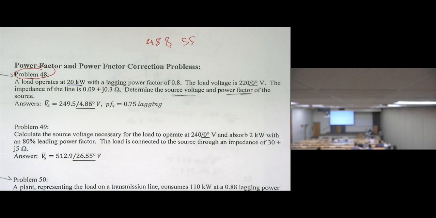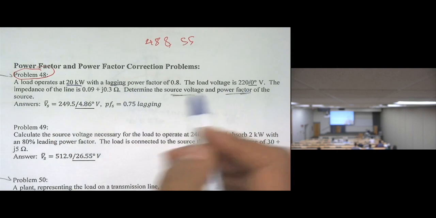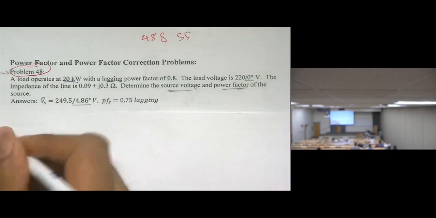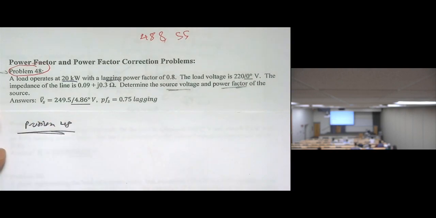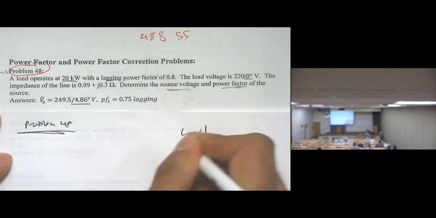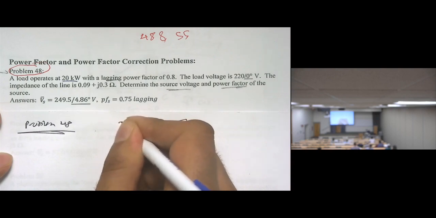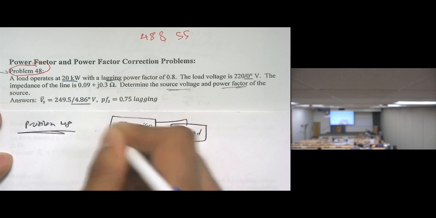The first step, model the problem. We have a load, we have a source, and we have a transmission line. Problem 48. We have a load, then we have a transmission line, and we have a source.